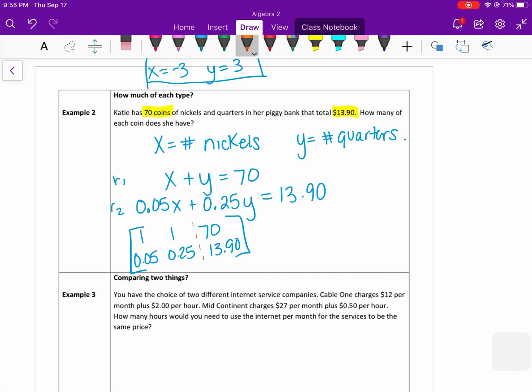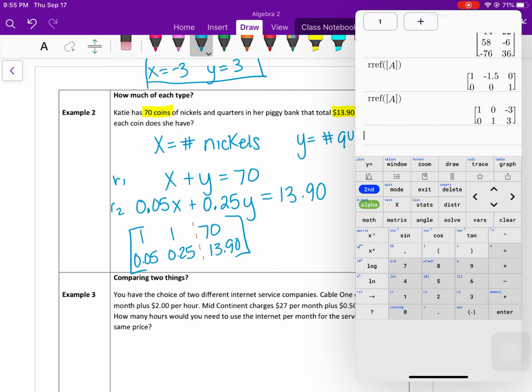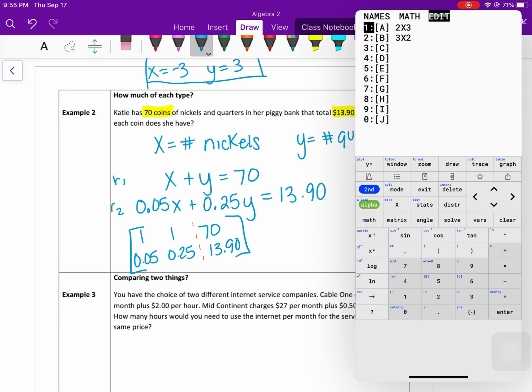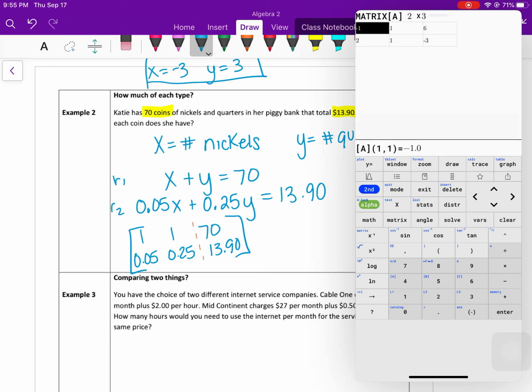And then this is like the dashed line where my equal sign is. So if I plug that back into matrix, go over to edit, matrix A, it'd be 1, 1, 70. And then 0.05, 0.25, and 13.9.